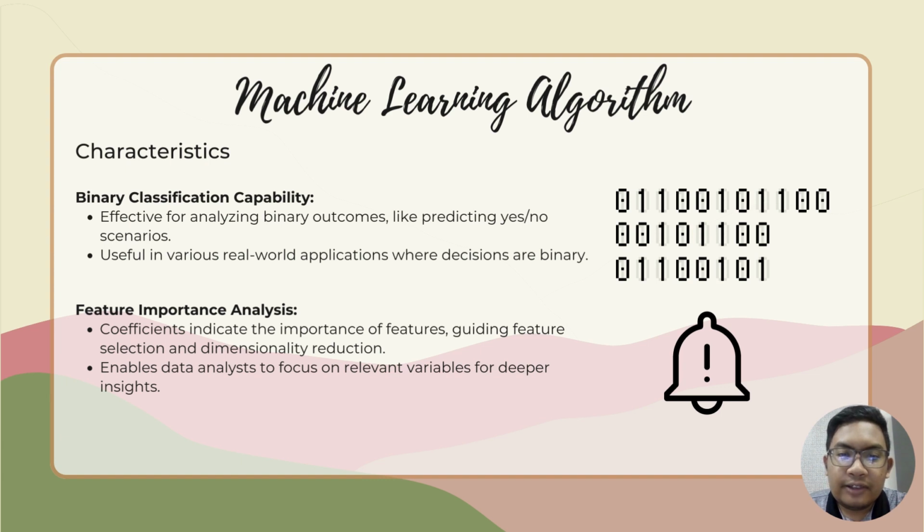It also has feature importance analysis, where the coefficients indicate the importance of features, guiding feature selection, and finally dimensionality reduction. It enables data analysts to focus on relevant variables for deeper insights that they want to gain from the dataset.